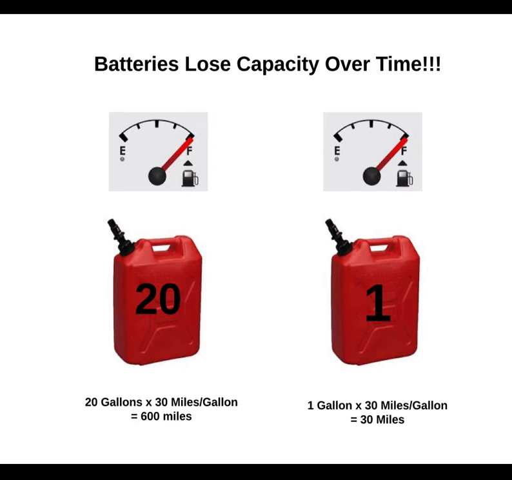But imagine if that gas tank had a 1-gallon capacity, literally a car with a 1-gallon capacity. It will say full, but you're only going 30 miles before that thing is empty. So don't get excited driving down the road thinking of a full gas tank, because it's going to be empty very soon.